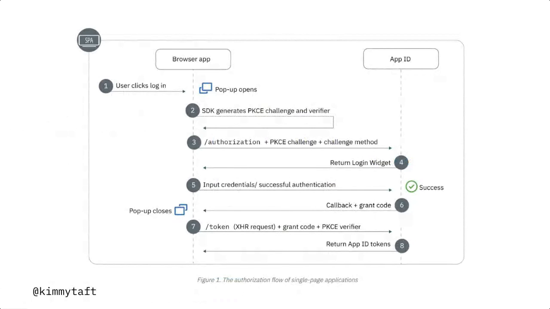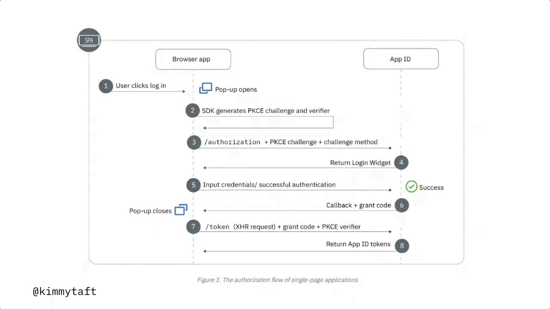So this is another view with a focus more on App ID than the last PKCE flow that we looked at. After a user logs in, the App ID JavaScript SDK is going to generate the PKCE challenge and verifier. When there's a request to the authorization endpoint, the SDK sends the challenge and challenge method.